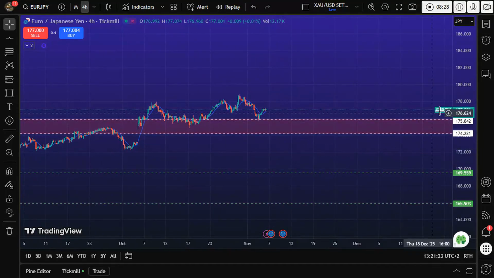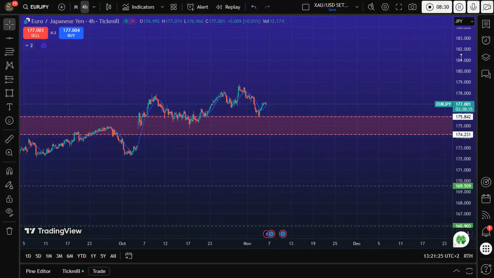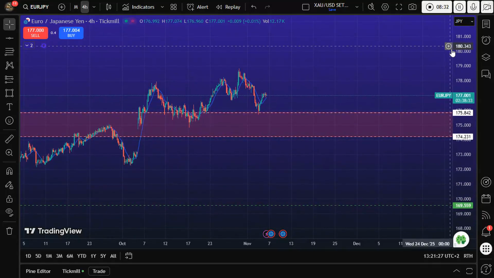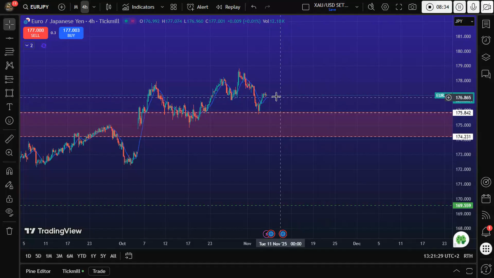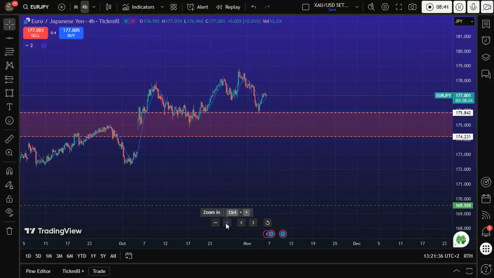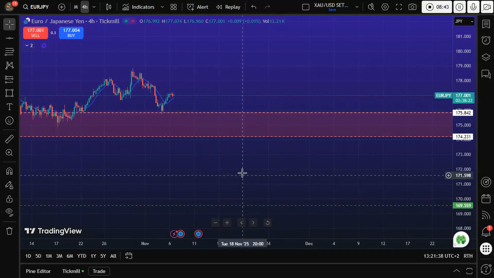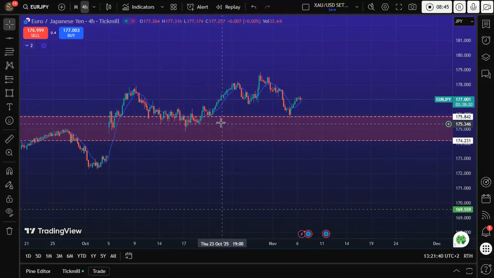So now the 4 hour time frame is showing another different scenario here, which is our moving average is underneath the candlesticks. But that shouldn't distract us from our position on selling here.